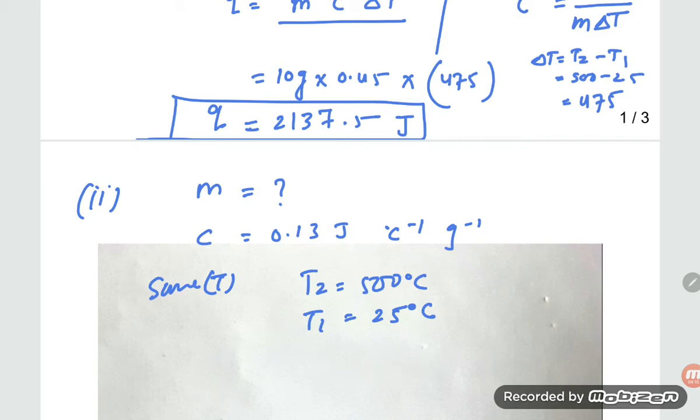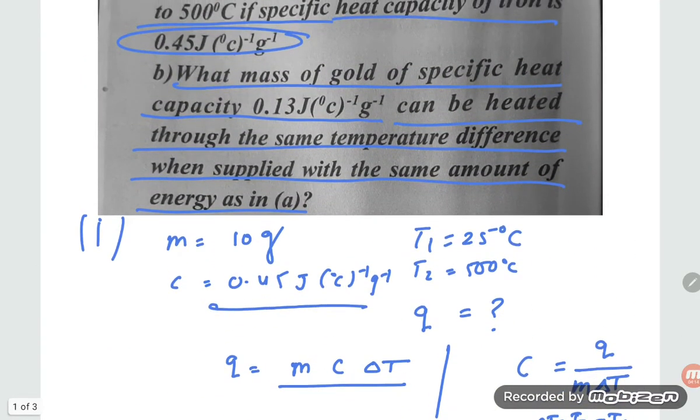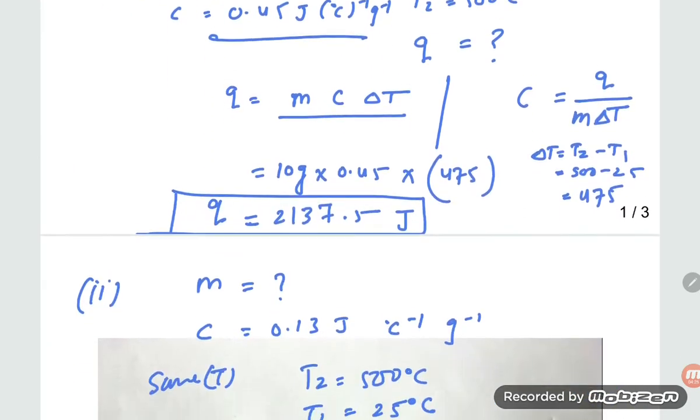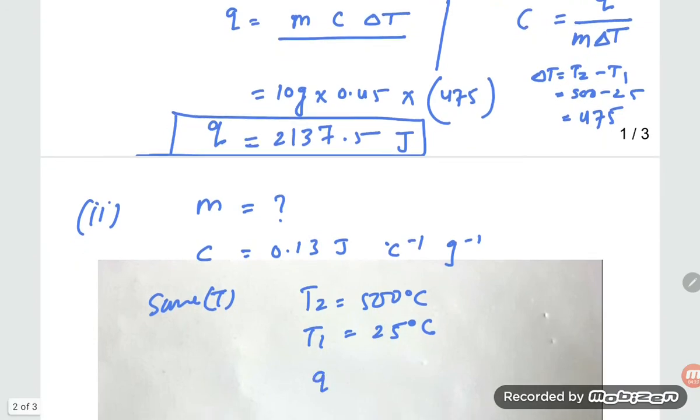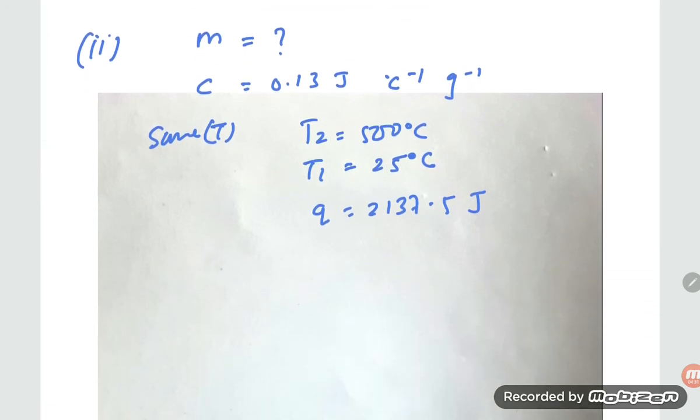And what other information is required, student? That is energy. So the amount of energy is also given, that is Q, 2137.5 joule.